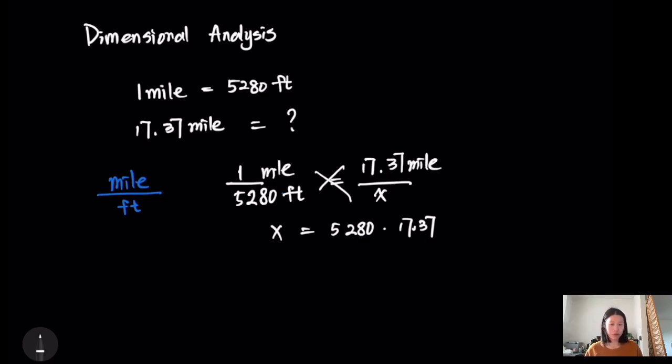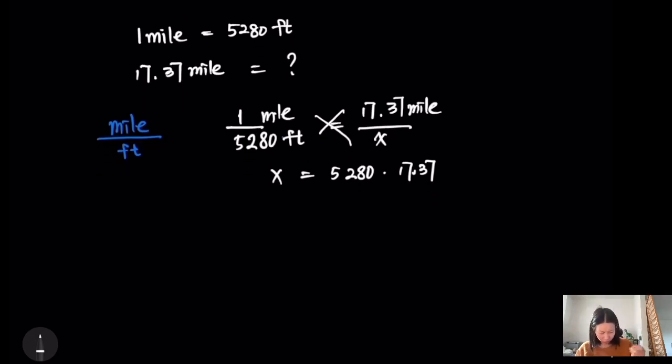Or another way to do it is to use the rational function. Here's the way to do it. We're trying to convert 17.37 miles. Our goal is to get to how many feet? So I need to multiply by a conversion unit so that I can cross cancel the miles.